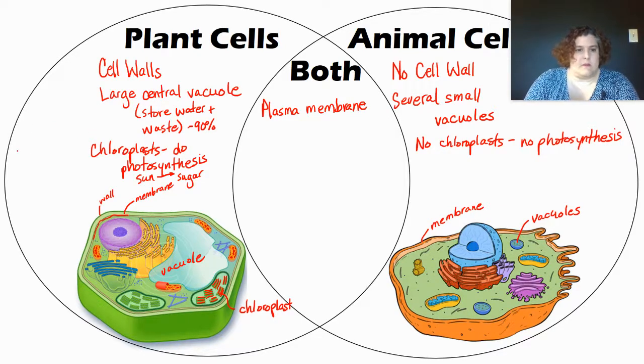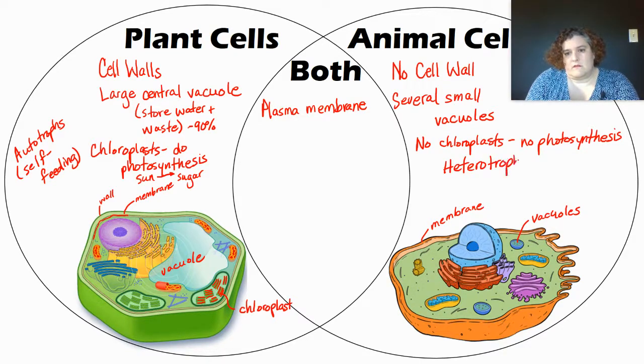Okay, so that makes them what we call autotrophs or self-feeding. And animal cells are heterotrophs, meaning that they rely on eating other things.